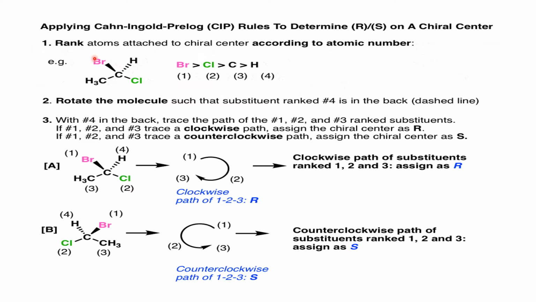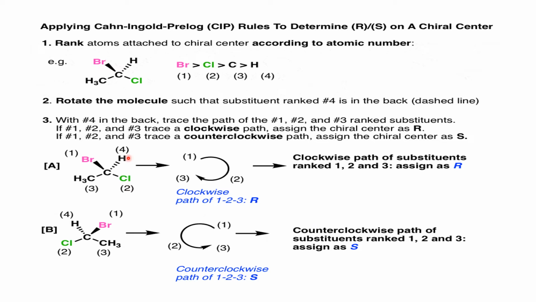So, for this molecule, we have assigned the priority bromine, chlorine, carbon and hydrogen. Now see here, rotate this molecule in such a way that the least priority, that is the hydrogen atom, is away from us. That is represented by dash arrows. So hydrogen is away from us.